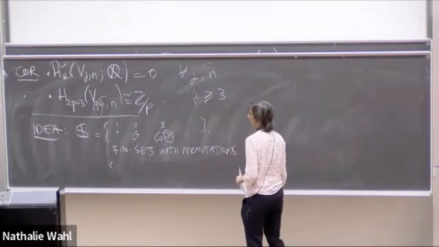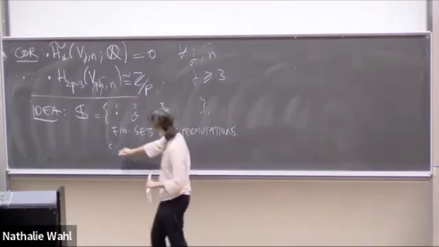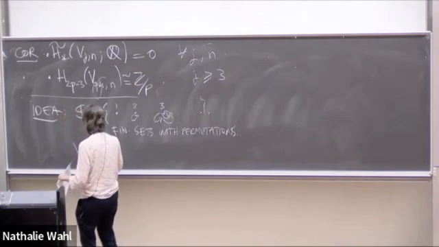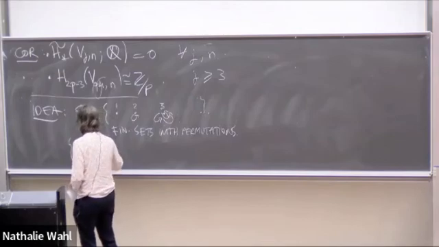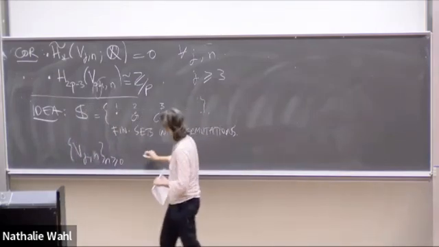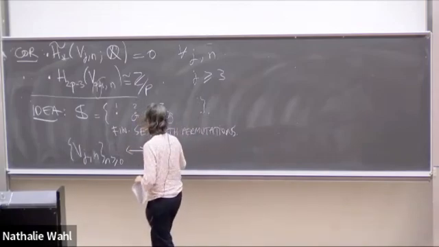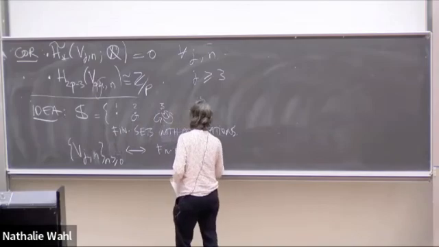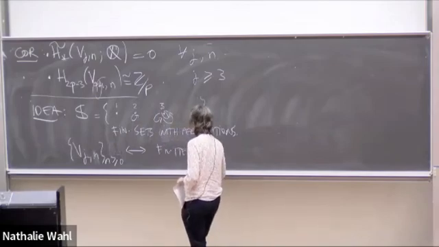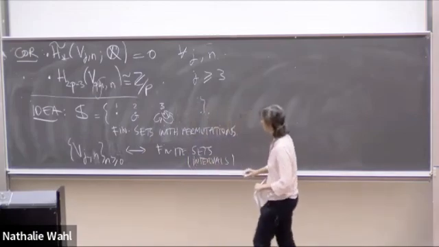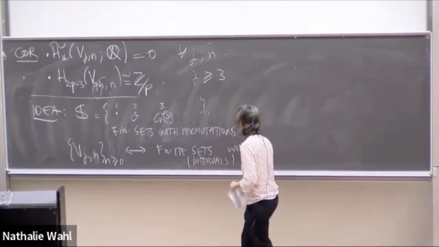And what we see when we study the groups V, J, N for, let's say, all N, then what we're looking at is also finite sets, where I'm thinking of the sets as being the intervals I talked about, and with their permutations.